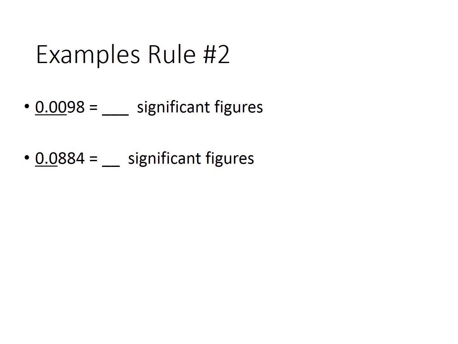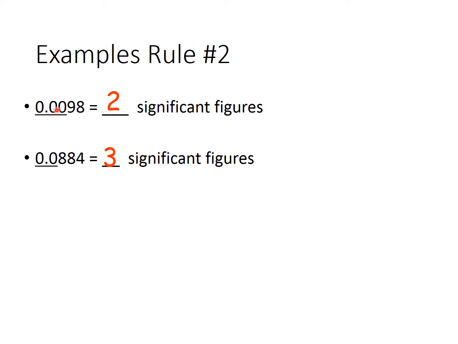Let's take a look at some examples. 0.0098. The 3 zeros in the front are leading zeros, so they are not significant. That leaves only the 2 non-zero numbers at the end. That means we have 2 significant figures. 0.0884. The underlined zeros are leading zeros, so they are not significant, which means we have 3 non-zero numbers here that are, so we have 3 significant figures.